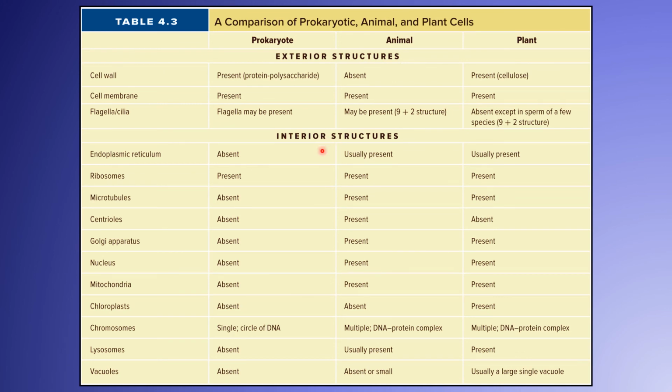And here's another little comparison chart of prokaryotic cells and then eukaryotic cells divided into animal and plant cells. You can see cell membrane, present. Every cell has a cell membrane. Cell wall: animal cells do not have cell walls, but plant cells do, and some bacteria do.